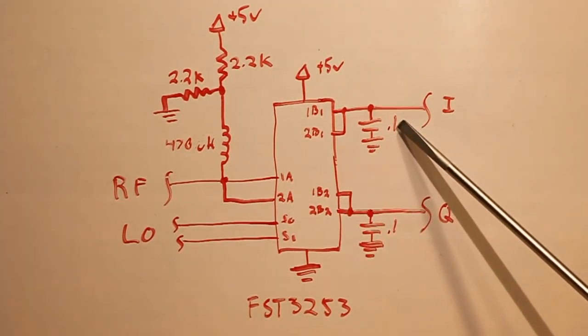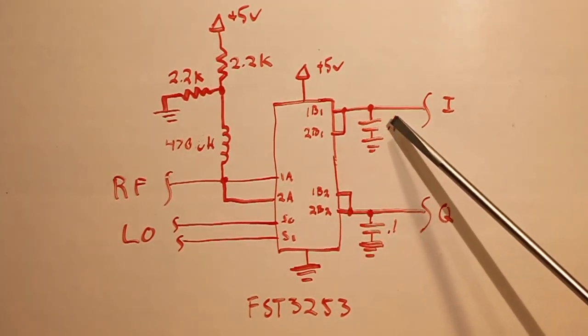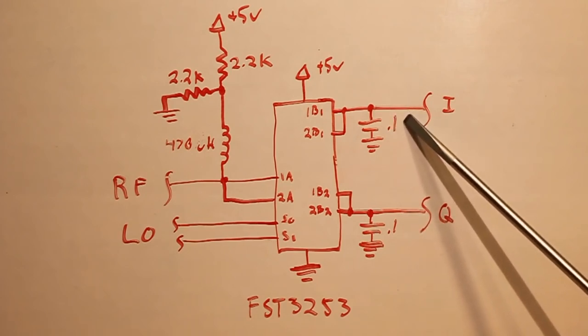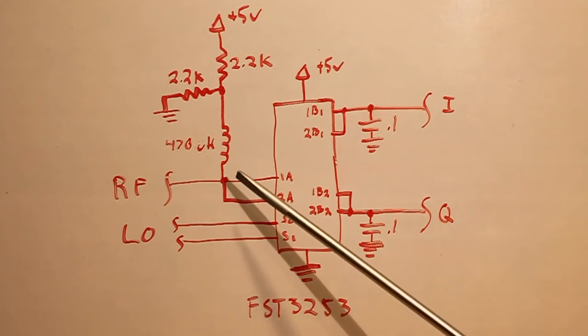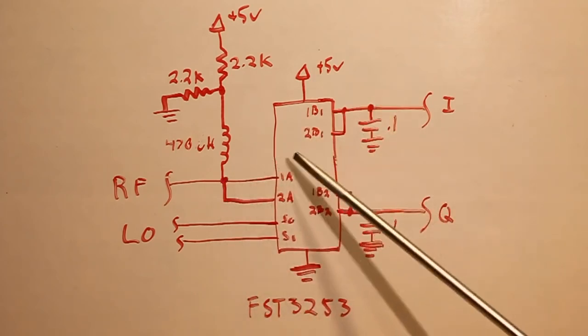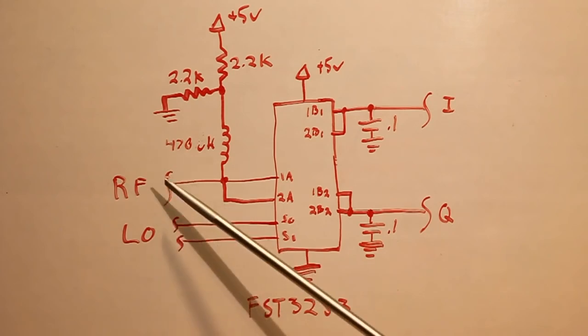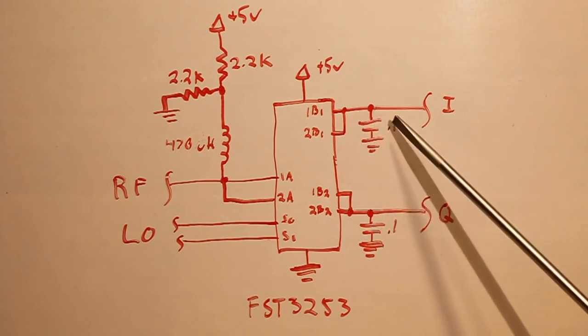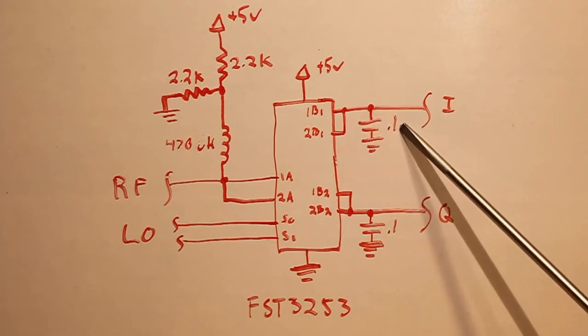Now, the way that you select these sample capacitors is basically to set the low-pass cutoff frequency that you want. Because whenever the RF input is applied to one of these outputs, the resistance of the RF input, which is typically 50 ohms, provides a low-pass filter in conjunction with this capacitor.